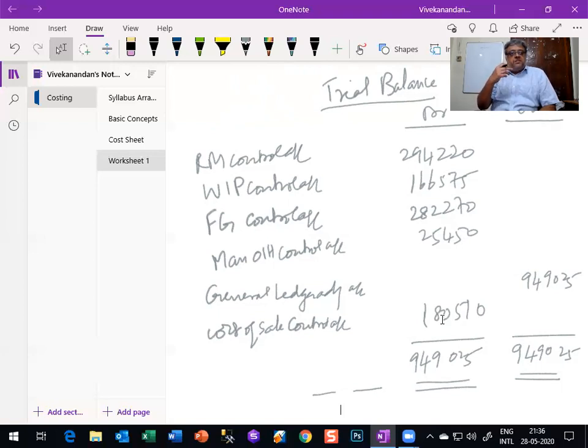So finished goods account, get off the work in progress. In this manner, you create journal entries every time, reminding yourself of the principle, then put the ledger accounts and create a trial balance. If the problem asks directly for ledger accounts, then we will go for ledger accounts. That's not an issue at all.